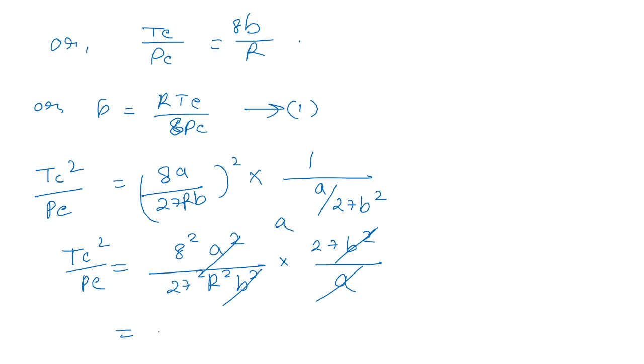These things you have to solve. These questions usually come in whatever exam you give. So anyhow you have to solve these things. 27, 27. Yeah. Okay. From this expression you can calculate the value of A.